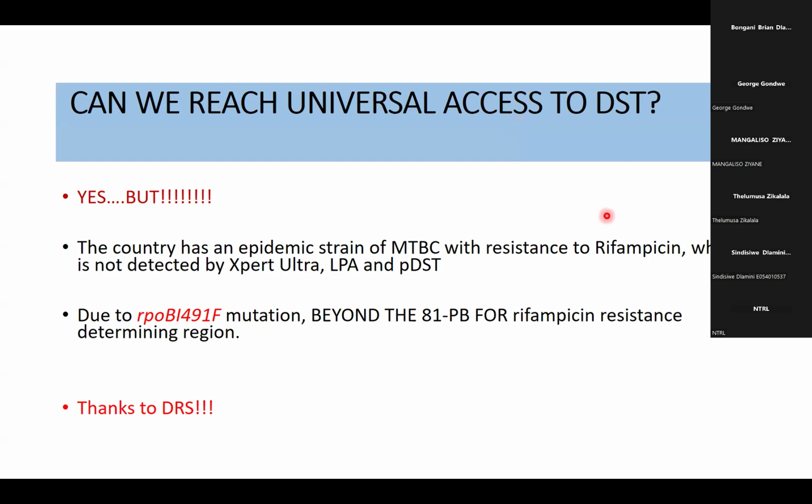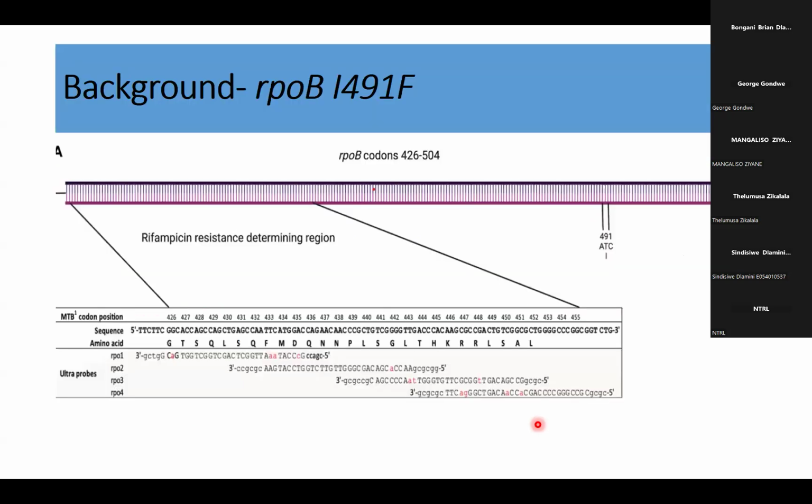So how are we really missing the strain of TB? Okay, here is a picture to summarize the reason why. I hope you can see the pointer here. This is the rifampicin resistance determining region. This is where in the rpoB gene, the GeneXpert will look from this area to this area. So basically this is like the whole codon or the gene for rpoB.